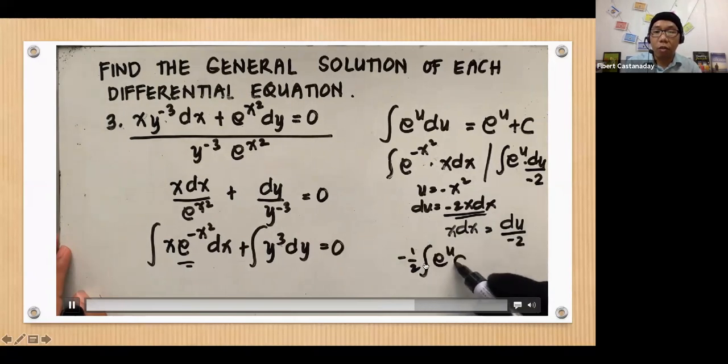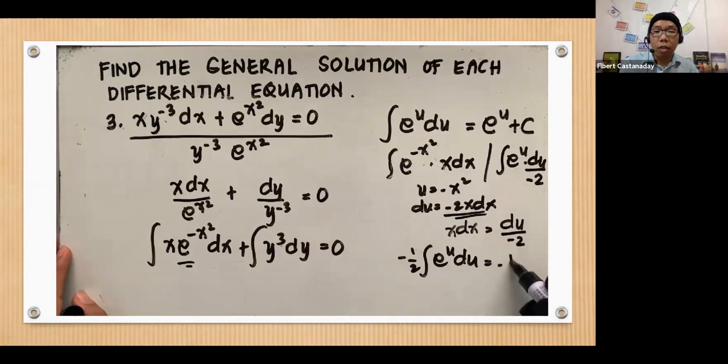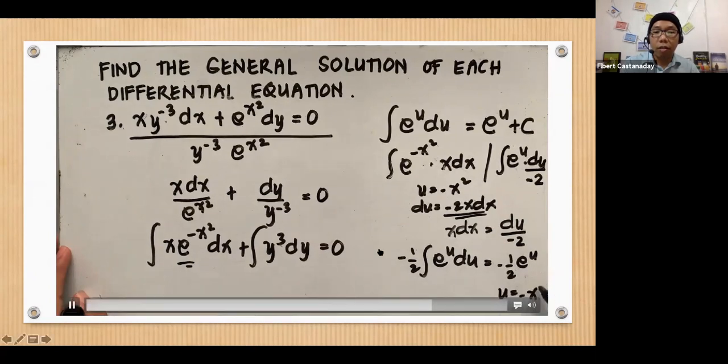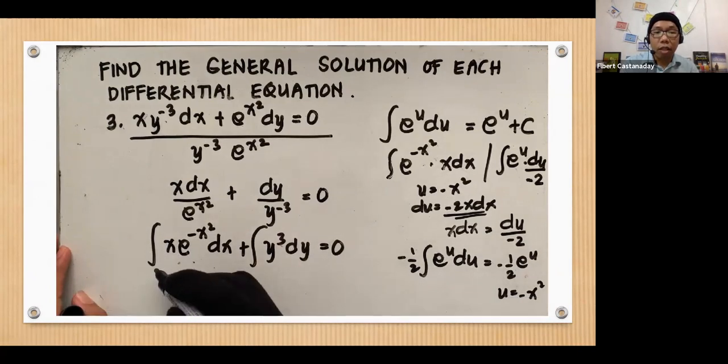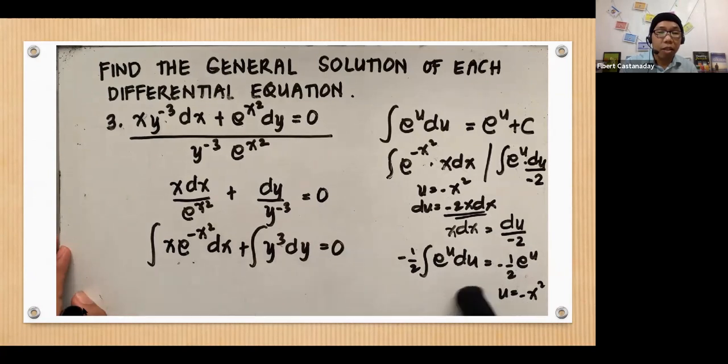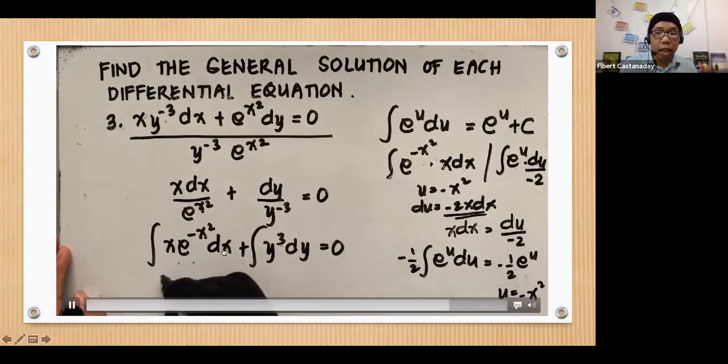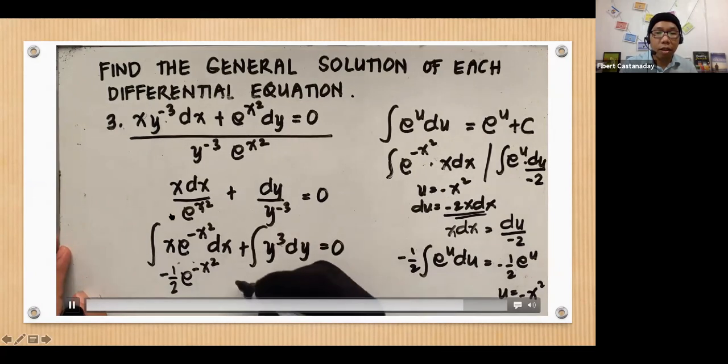The integral of e raised to u times du is equal to minus 1/2 e raised to u. But what is u? u is equal to minus x squared, right? So plug it in here. So the formula is satisfied. So the integral of x times e raised to minus x squared dx is actually minus 1/2 e raised to minus x squared. So that's the integral for the first term.